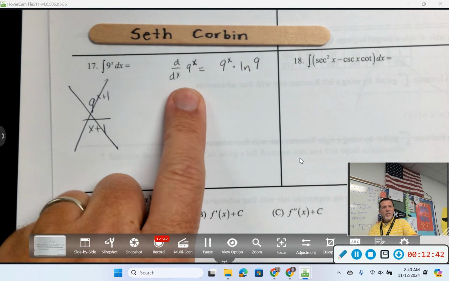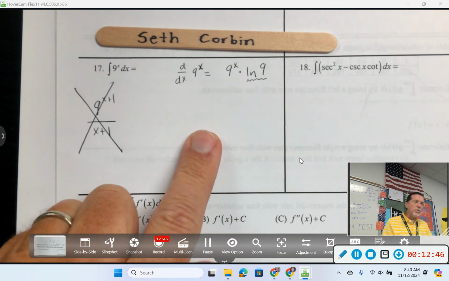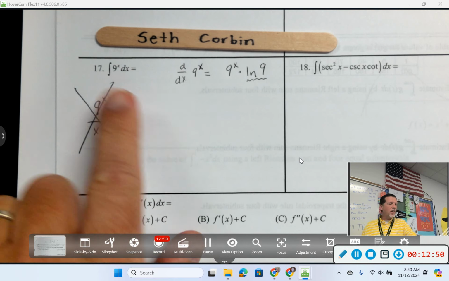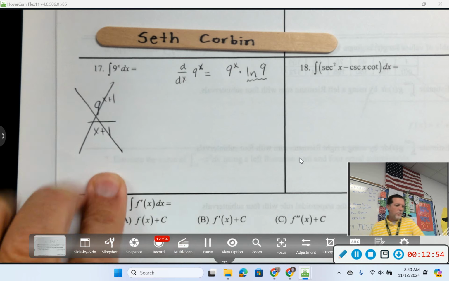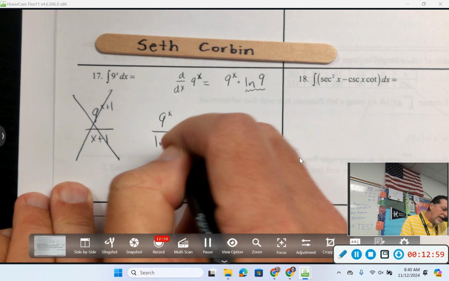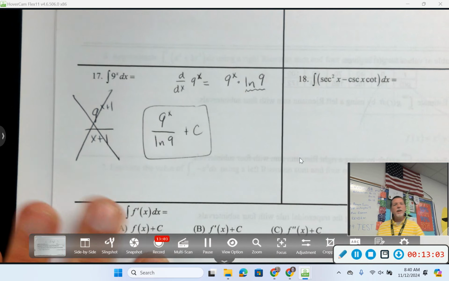Okay, so the derivative of 9 to the x is 9 to the x, but with this constant multiplied on there. So if I want to go backwards, if I want the antiderivative of 9 to the x, I would divide by it. So it's still going to be 9 to the x, but I'll be dividing by natural log of 9. And of course not forgetting the plus c.